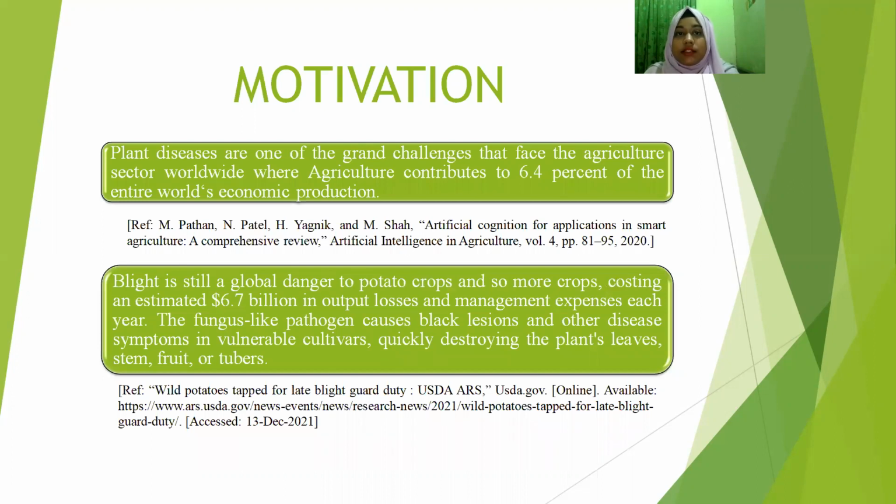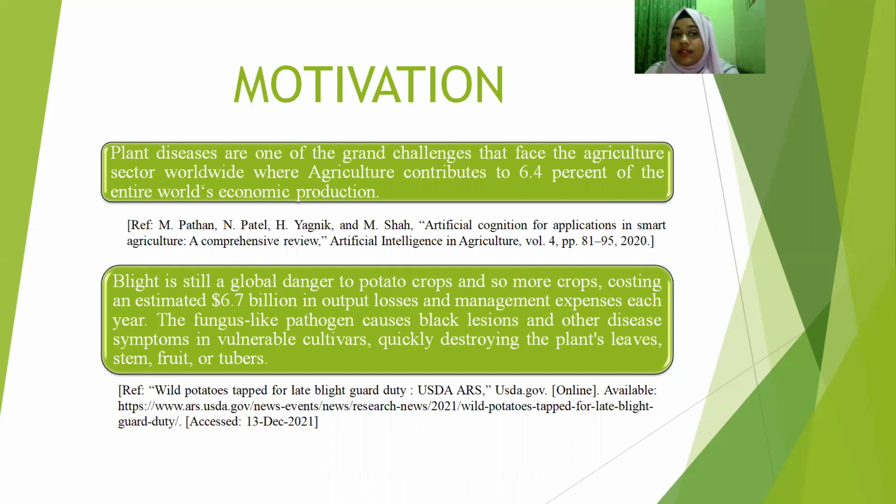The next outline is motivation. Here is the motivation for this research. Plant diseases are one of the great challenges that face the agriculture sector worldwide, where agriculture contributes 6.4% of the entire world's economic production.